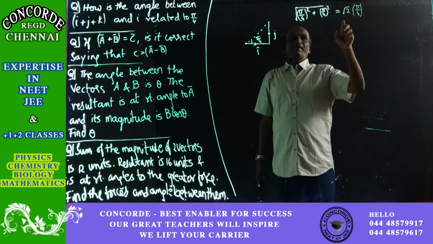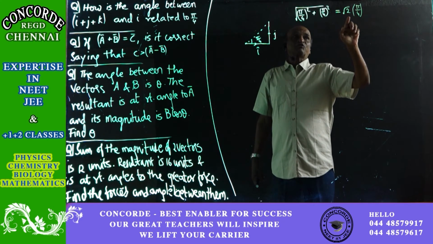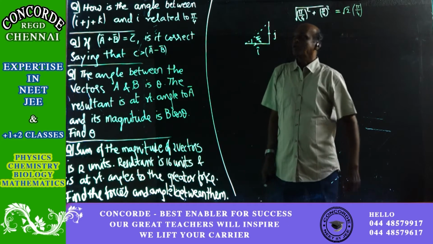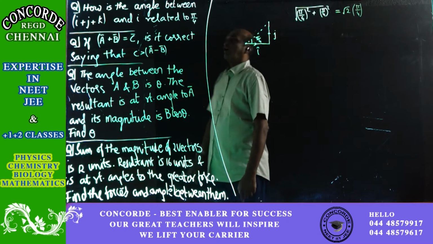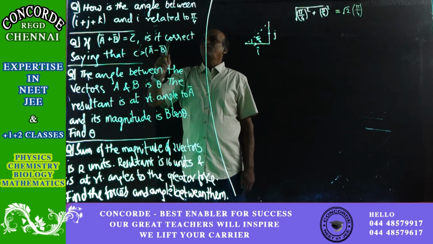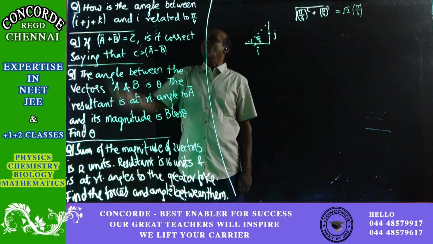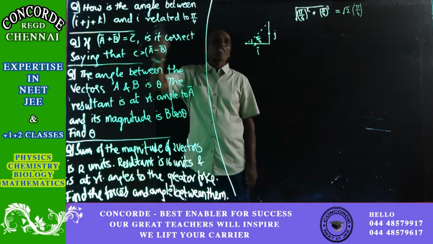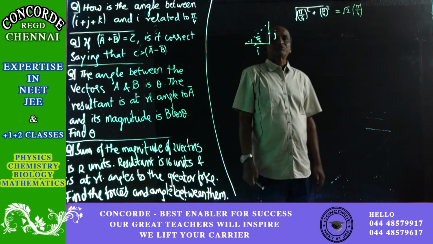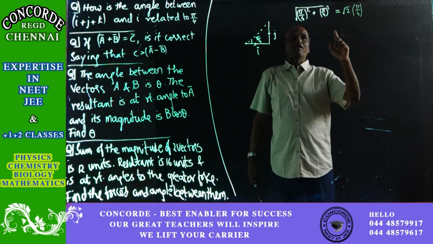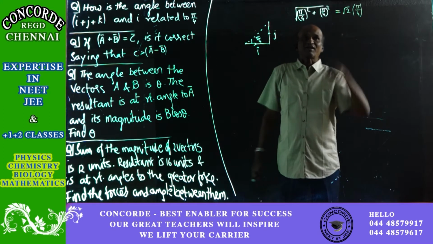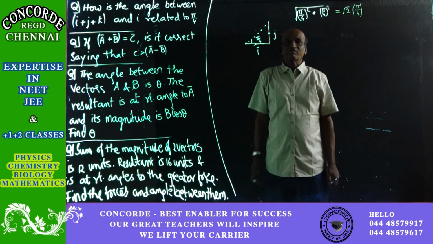So it will be making an angle of root 2 into pi by 4. So for this question of how the angle between i plus j plus k and i is related to pi by 4, it is root 2 times pi by 4. So that root 2 times is the relationship with pi by 4. That is the answer to that.